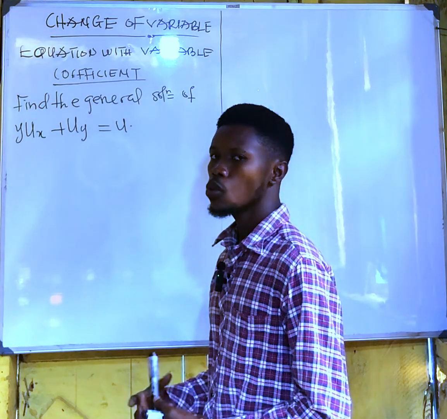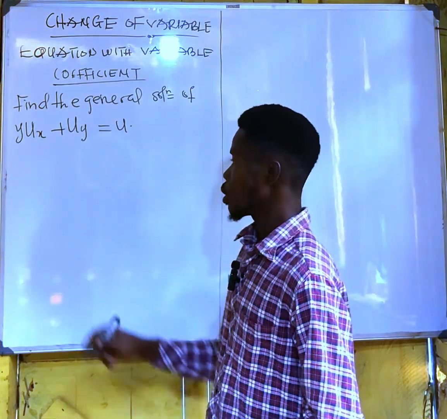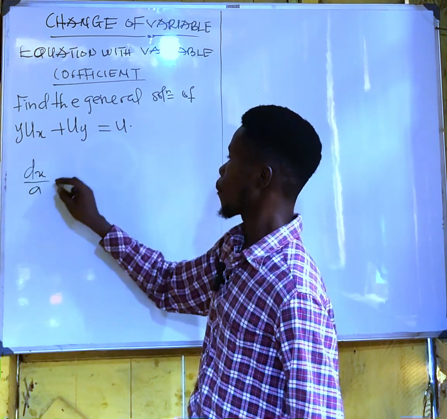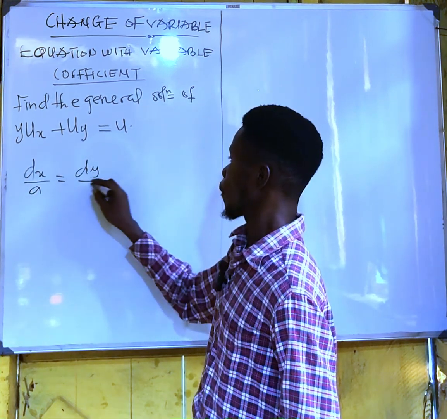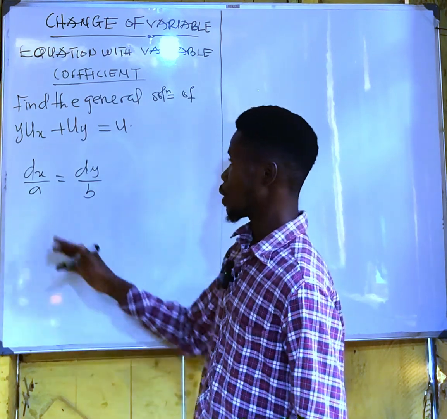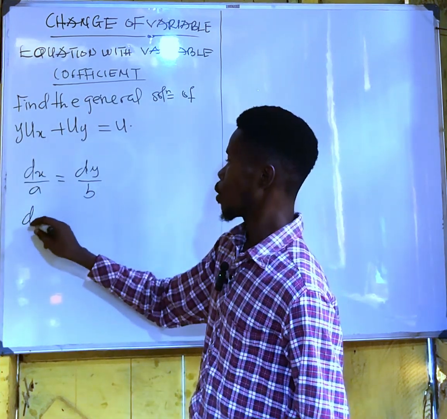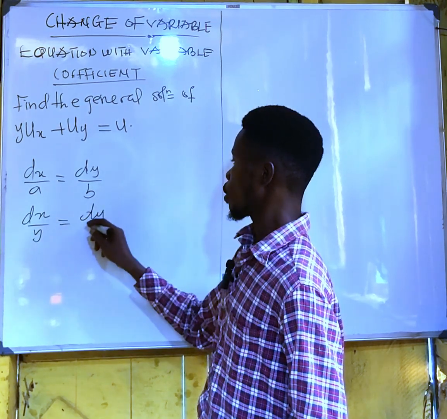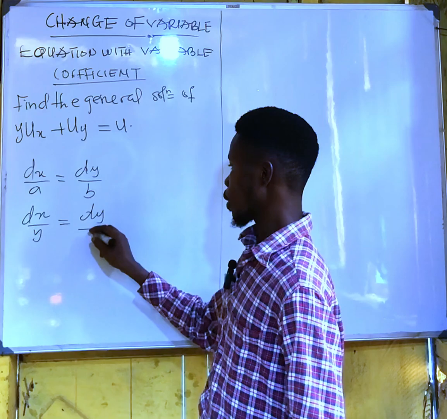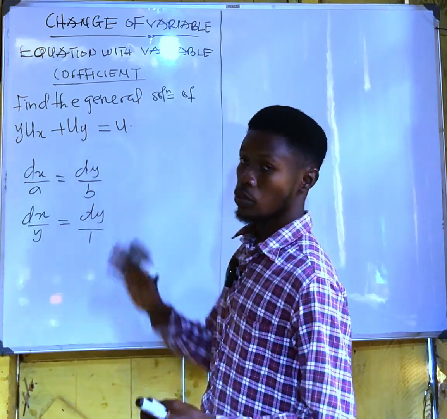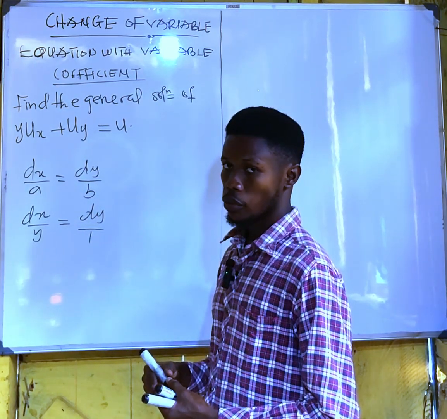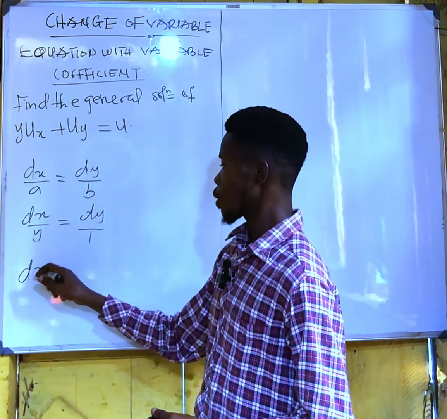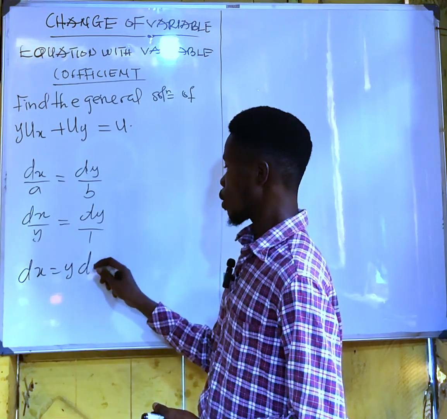In fact, the new way of doing this is not something new to you. You know this formula already. In this case, our a is y, so I have dx over y equals dy over 1. Here we are not interested in the du. Multiplying this by that, you have dx equals y dy.